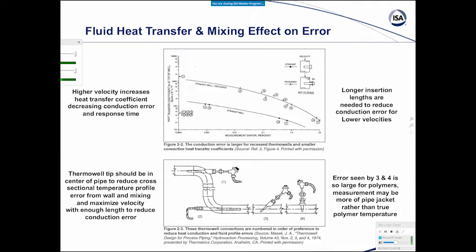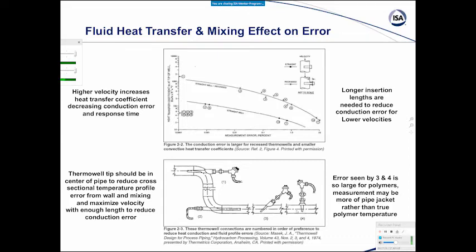Then you get into these others where you really don't have a tip near the center, and you don't have enough insertion length. By angling it, you can do a little bit better. And the worst situation is number 4, where the tip is not at the center, and you have a very short insertion length. So not a good deal.